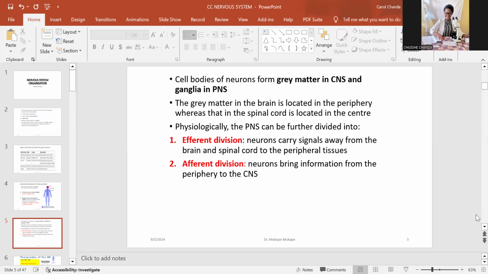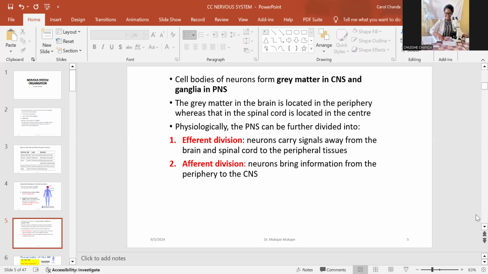The efferent division is the one that carries signals away from the central nervous system. So when you hear the word efferent, we are simply talking about carrying away from. So efferent means those neurons that carry impulses away from the central nervous system.